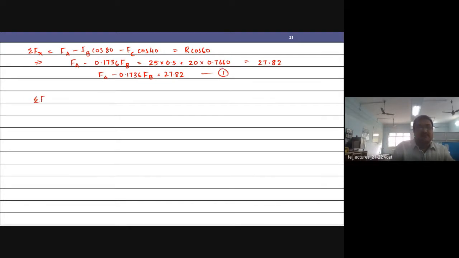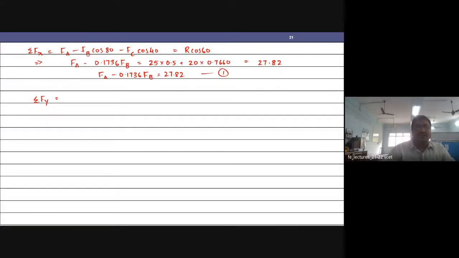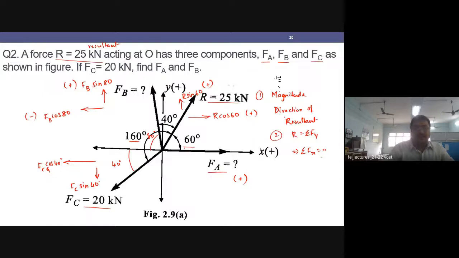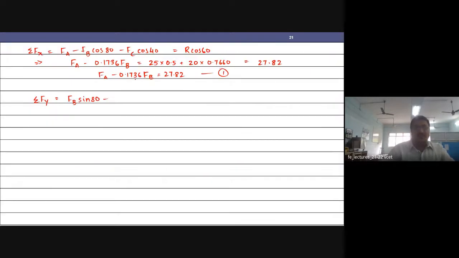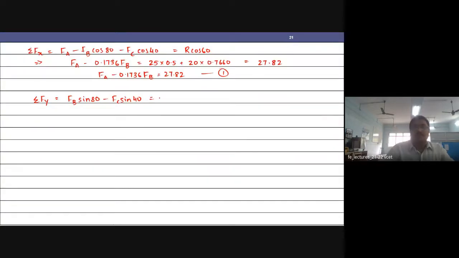Secondly, sigma Fy. In the case of sigma Fy, I have FB into sine 80, which is in the positive y direction, minus FC into sine 40. Because FA is acting along the x-axis, it does not have a y component. This equals R into sine 60.